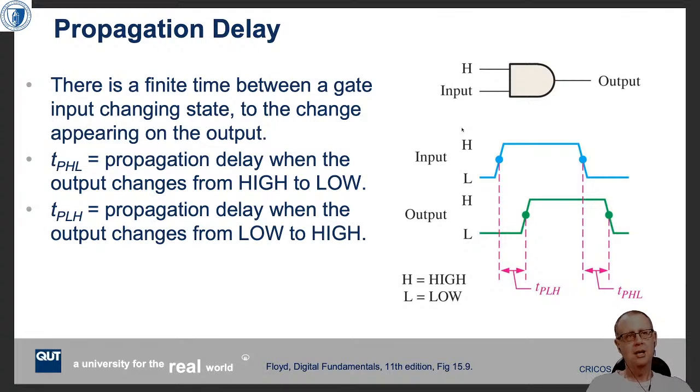Sometimes if the input changes and the output goes from low to high, there's a delay called TPLH. And if the output goes low from high, there's a different delay, TPHL. When you're dealing with real devices, you need to look up their data sheets to figure out what the propagation delays are.